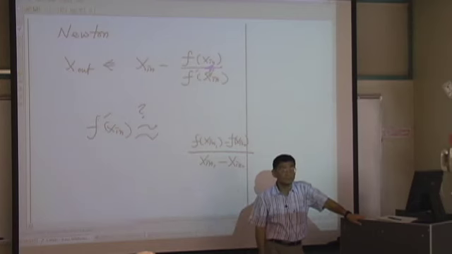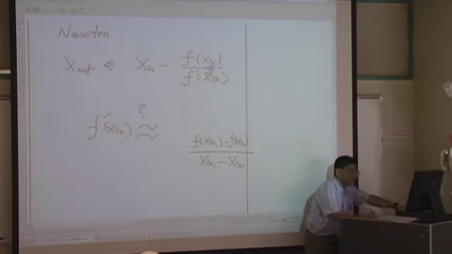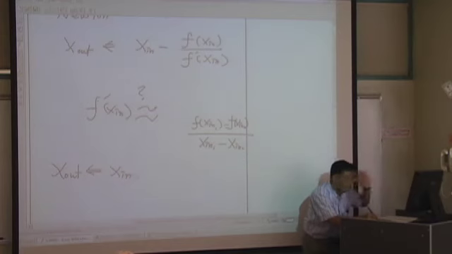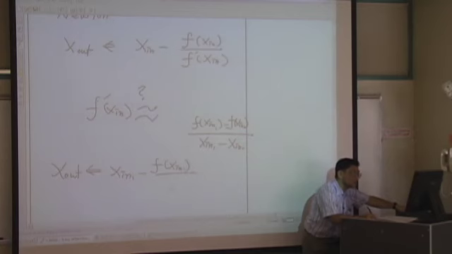So what do you want to use? 1. Then I will rewrite the formula. x out becomes x in 1 minus f of x in 1 over f of x in 1 minus f of x in 2, and then times x in 1 minus x in 2.